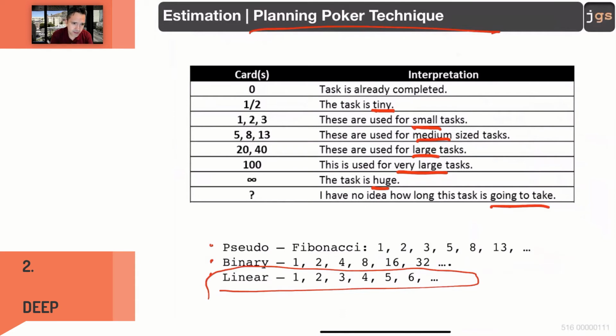Which number? Depending on what you are using. You can use linear numbers, Fibonacci, binary, and there are more. But the idea is that the small ones get classified with more options than the medium or the big ones. That's it. Good? Yeah, they are subjective.